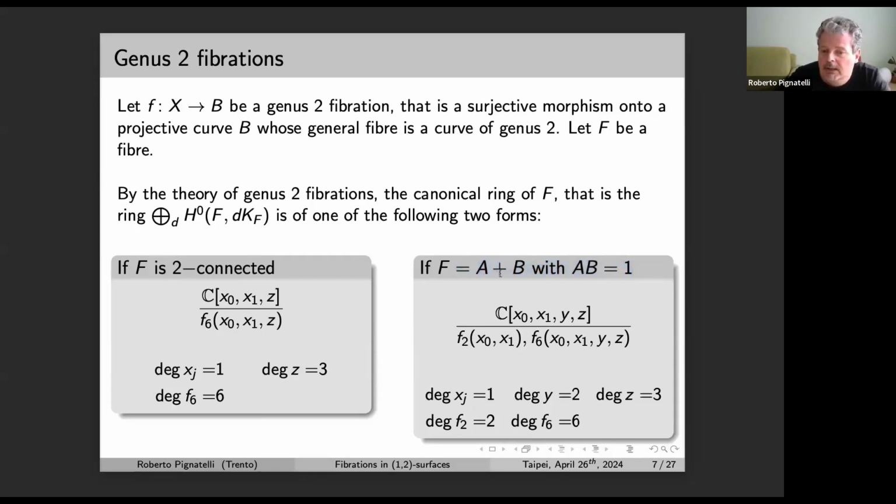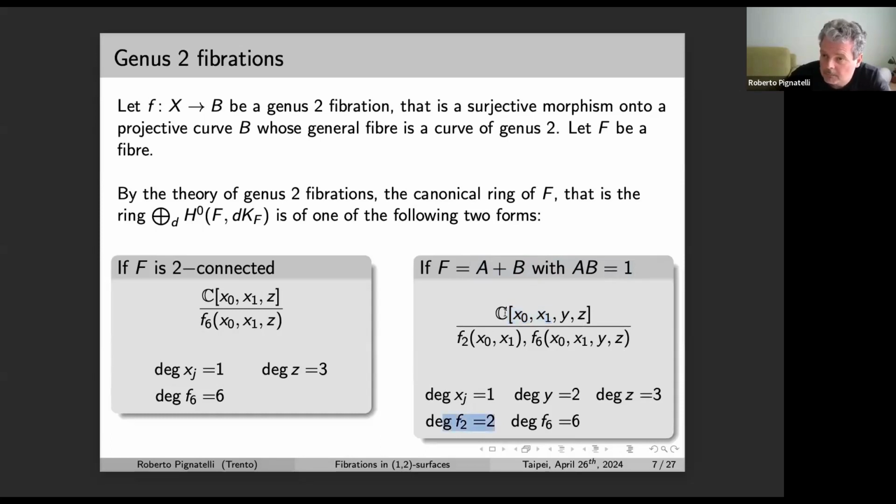In the general case, two elliptic curves intersecting transversely in a point, named elliptic tails, and you have a more complicated decomposition, but you always can arrange these irreducible components in these two subdivisors A and B in this form. And what you get in this form is that, again, you have two generators of degree 1, which are the elements defining the g^1_2, but they are related in degree 2.